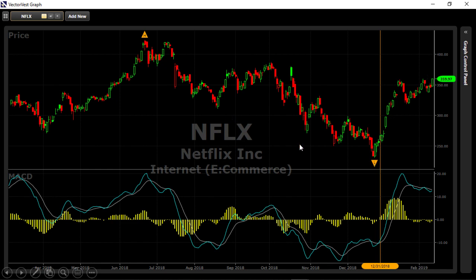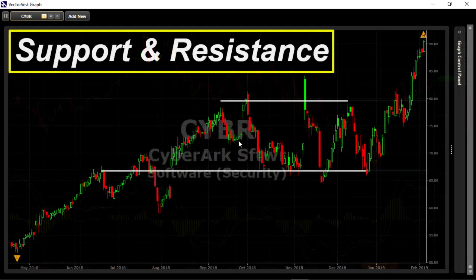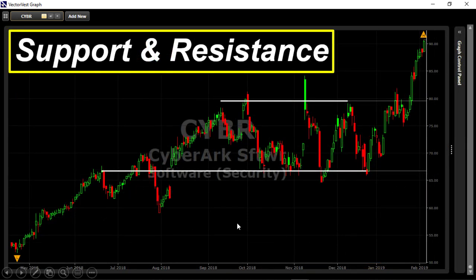But again, we're trying to increase odds and you're not doing that. Okay? So in a trending market, favor using the MACD. If the market's uptrending, you're going to buy stocks on bullish MACD crossovers. If you're in a downtrending market, you're going to short stocks that are in downtrends on bearish MACD crossovers.